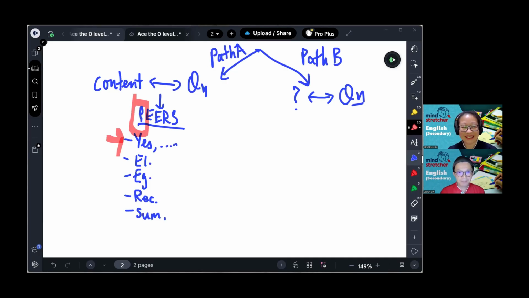But if you're like me just now and internally you're panicking, but externally it's like, no problem, I have all the techniques, I can answer. Then what do I do? I cannot start off with yes, because yes is like your math sum.